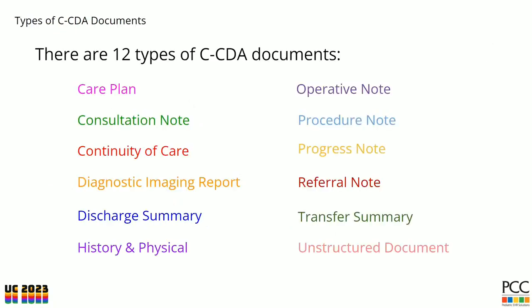There are 12 types of CCDA documents. The different types serve different purposes. And while what's contained in one might be different than another, they're all kind of made up of the same nuts and bolts, so to speak. PCC EHR generates 1 type of CCDA document, and that's the continuity of care, which we'll talk a little bit more about.